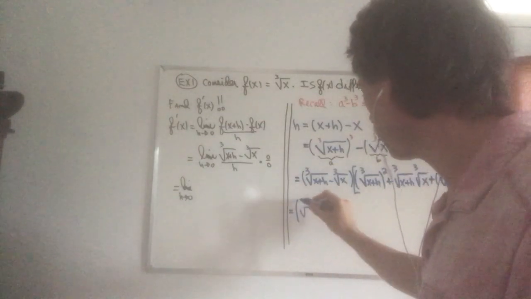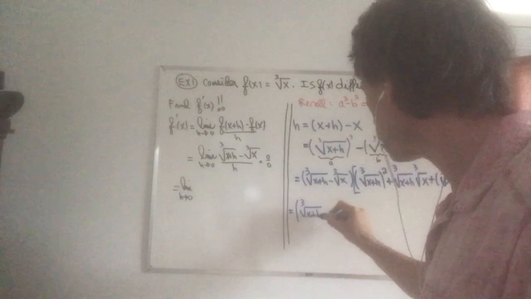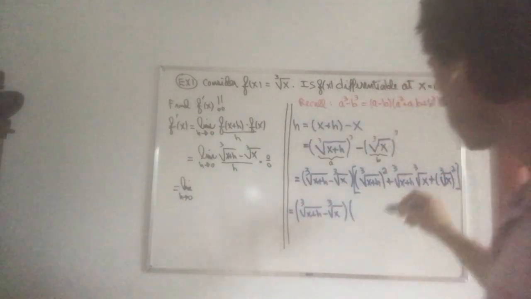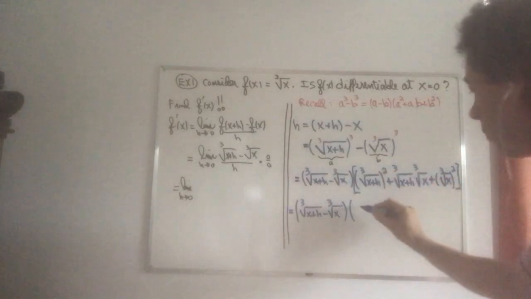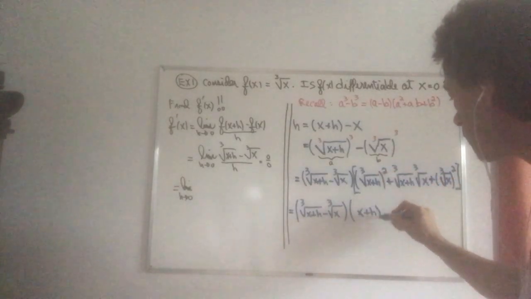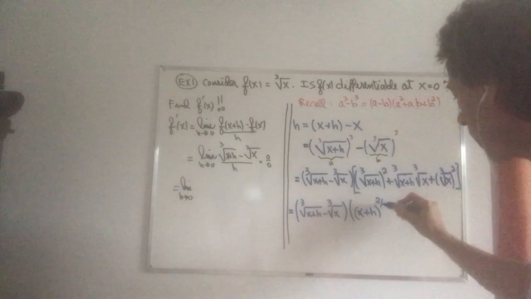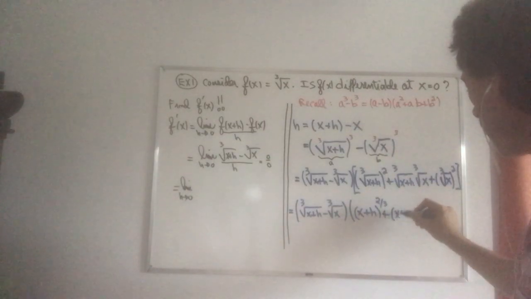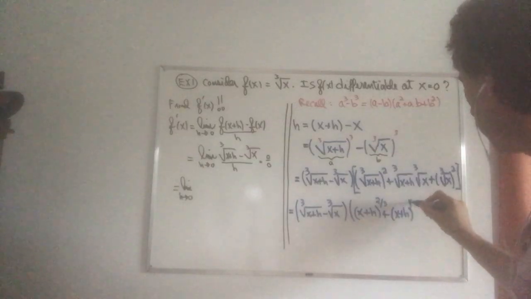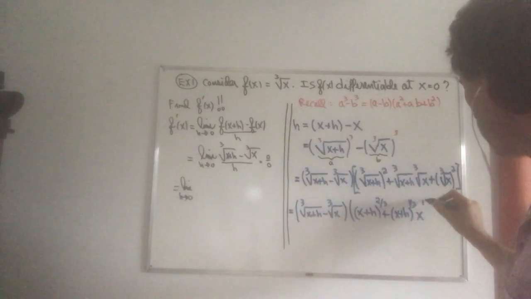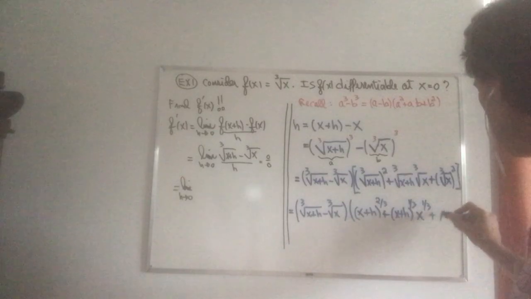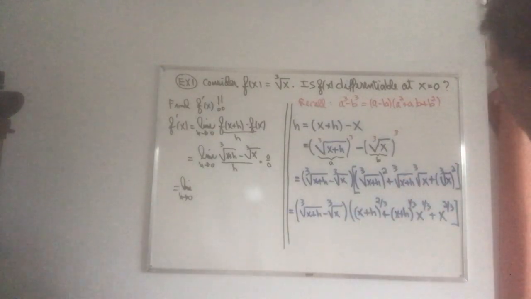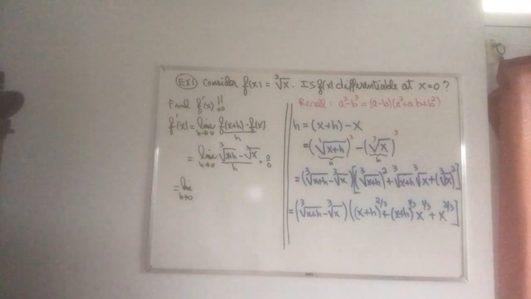Well, I know my rules of exponents, and so do you. This is the same as x plus h to the 2/3 plus x plus h to the 1/3 times x to the 1/3 plus x to the 2/3. And that is the end of my aside.